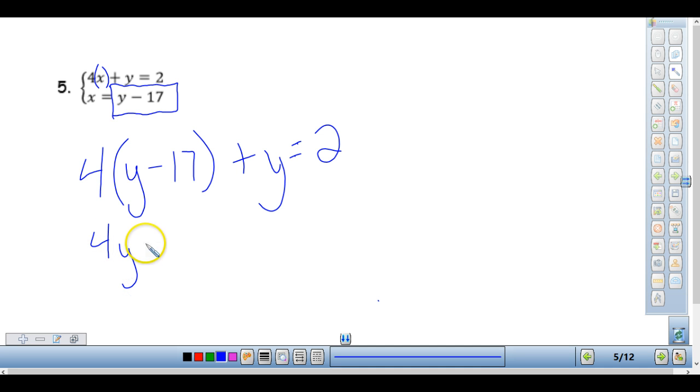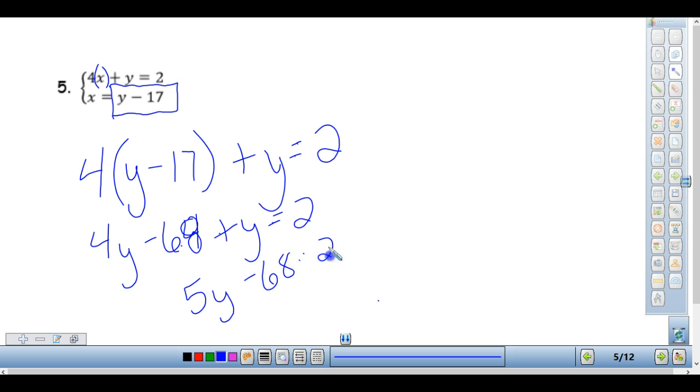or 4y minus 68 plus y equals 2. So now we have 5y minus 68 equals 2. 5y equals 70.